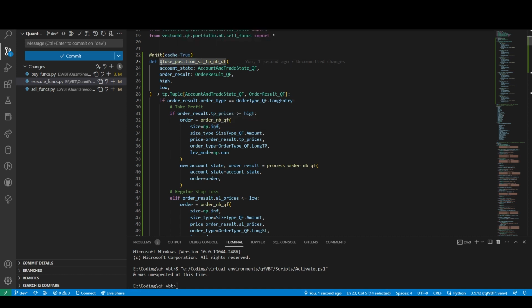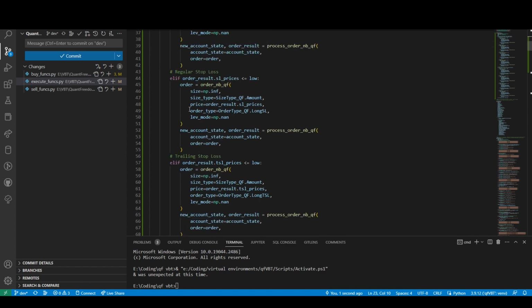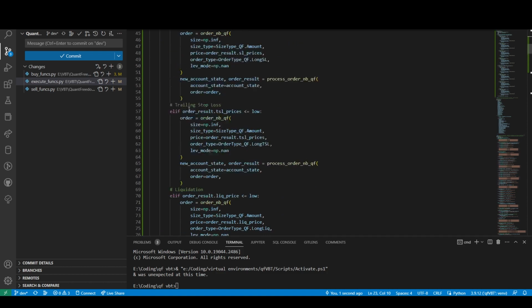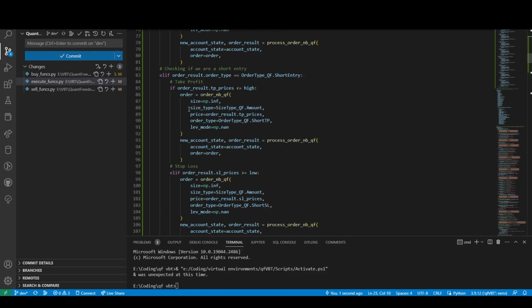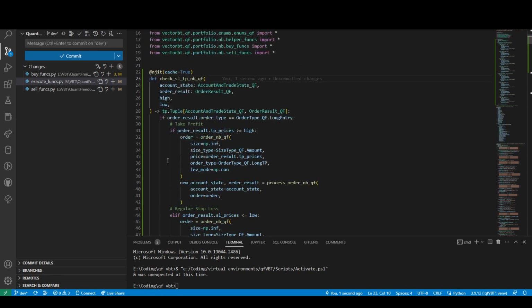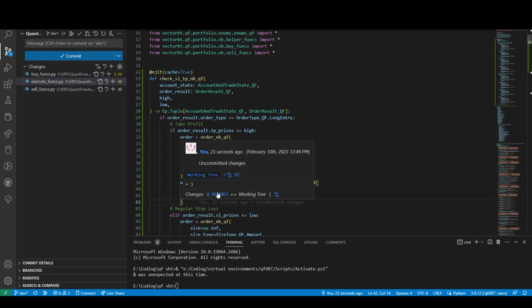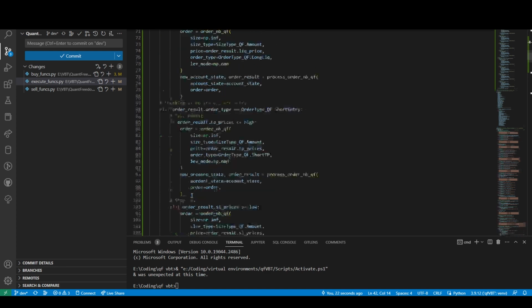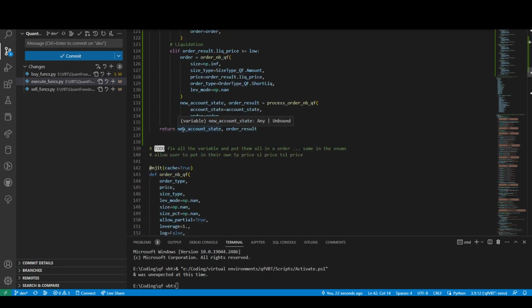Well, check stop loss take profit, because we're checking. Oh, if it's neither of those, then just send back. I guess here we would have to just return here. If it's this, then you come all the way down here to return, which is not true.